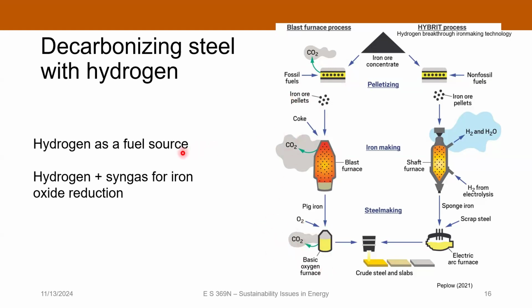So if you use hydrogen as your fuel source, and then the other thing is that you can use hydrogen. And remember, we talked about syngas before, right? That's a mixture of carbon monoxide and hydrogen. You can use that to reduce the iron oxide in the blast furnace, and that will generate hydrogen and water rather than CO2.